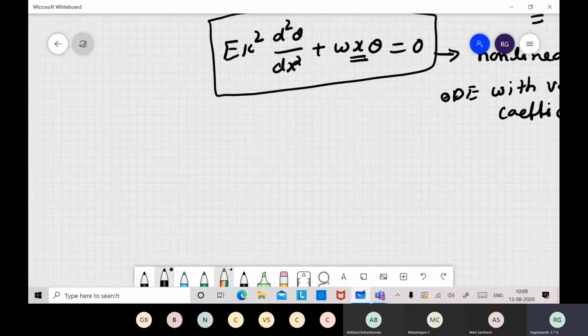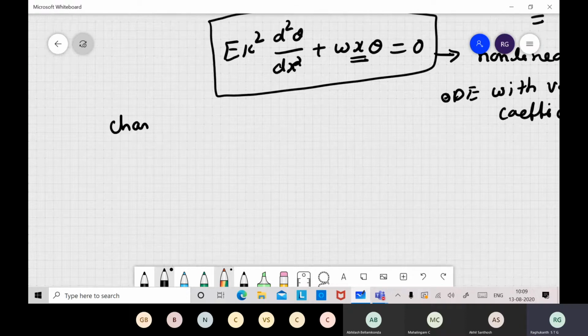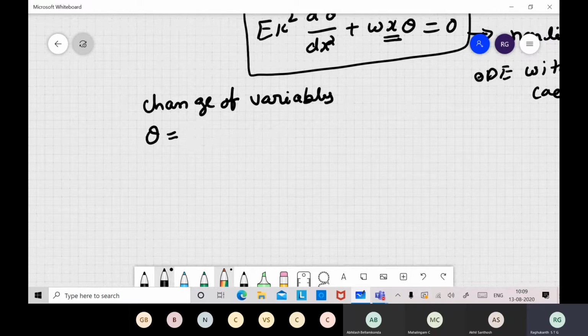So to make it nicer, we do a change of variables. Instead of writing the equation in terms of θ, we say θ is equal to root x times z, and we also introduce one more variable r, which is x to the power of 3/2. You change the variables and calculate the derivatives.